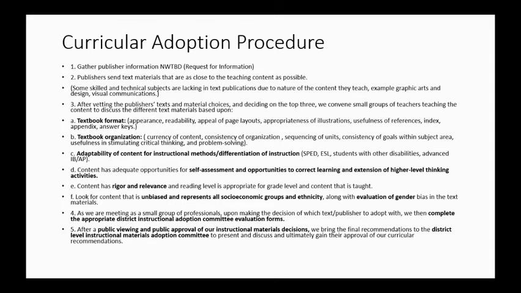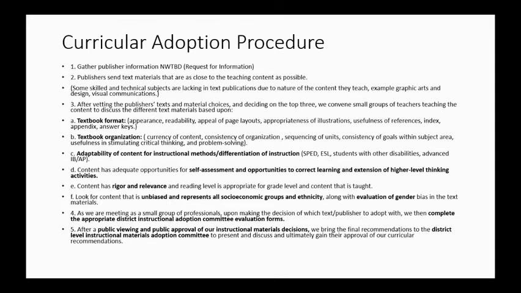The next point, adaptability of content for instructional methods and differentiation of instruction for students with IEPs or individualized education plans, ESL students where English is not their first language, students with other disabilities, and advanced IB, International Baccalaureate, or AP, Advanced Placement. We look for content that has adequate opportunities for self-assessment and opportunities to correct their learning, and extensions of higher level thinking activities.